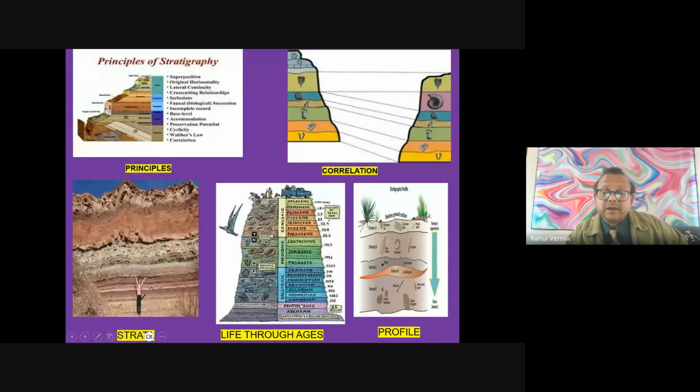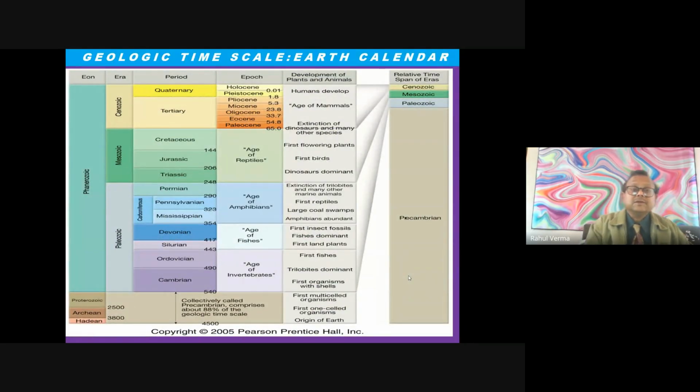Archean, Proterozoic. Proterozoic means primitive life, and this is called Paleozoic, meaning primary life. Mesozoic means intermediate life. Cenozoic means tertiary life, and we are here in Holocene. And this is how in the video it was explained how the profile is found. Now this is the idea of geological time scale.